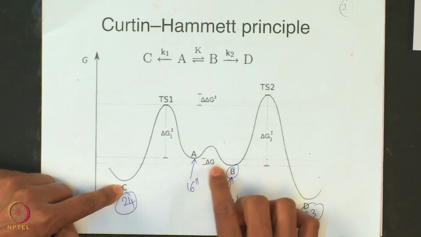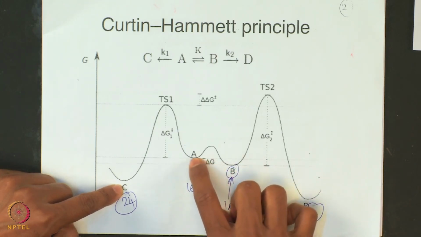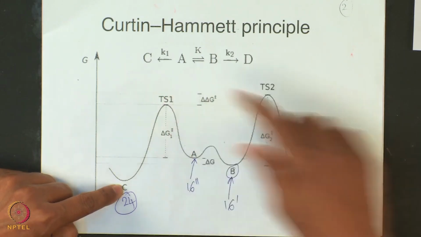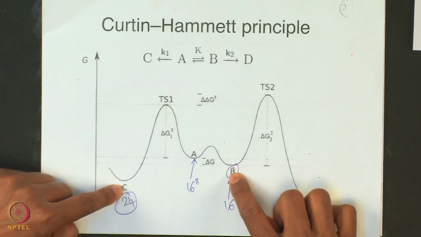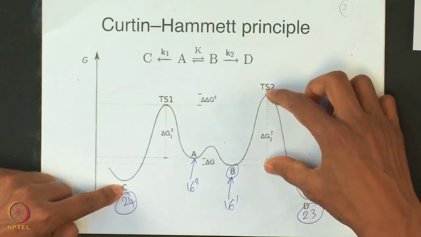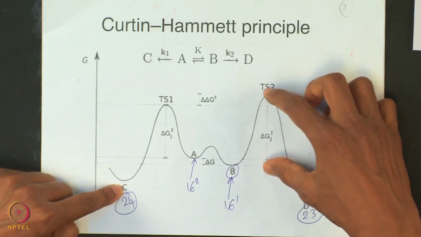If you look at the relative energy from intermediate A, this TS1 is the lower one, whereas from intermediate B the product D formation energy barrier is quite high.